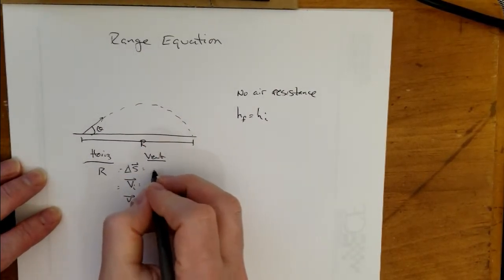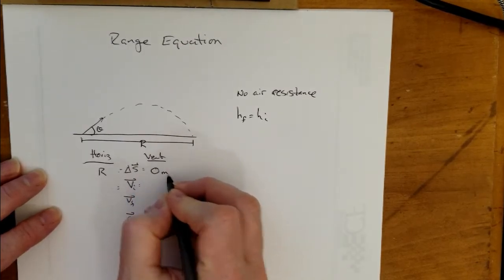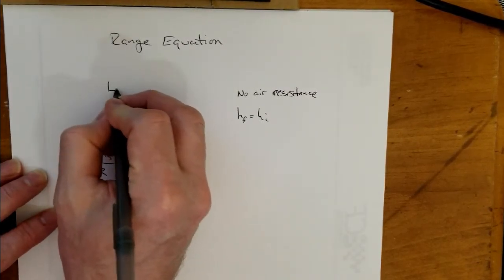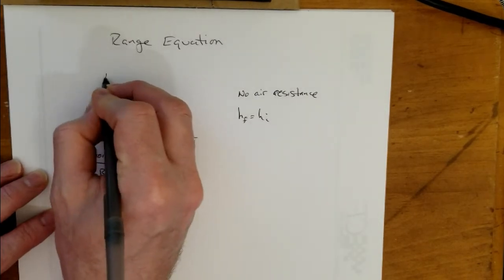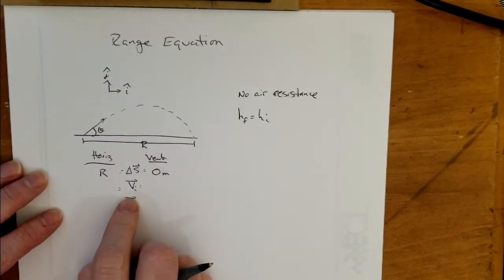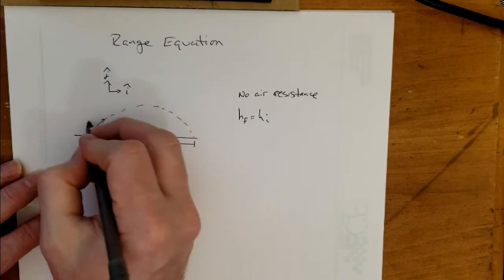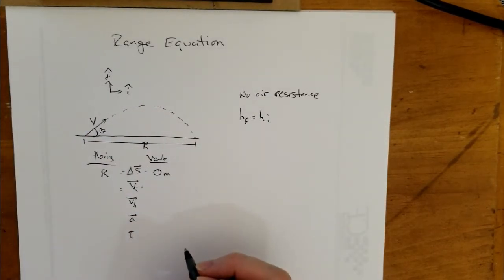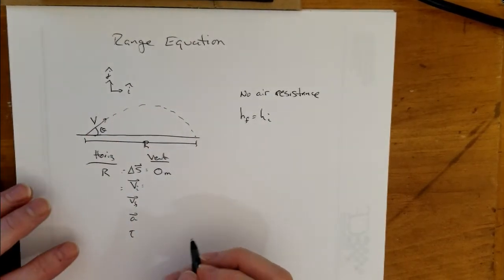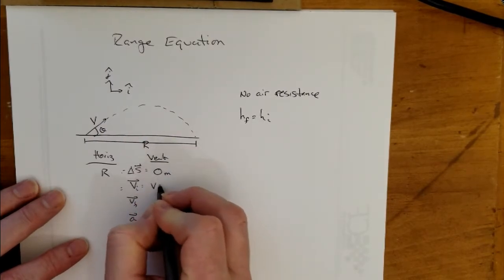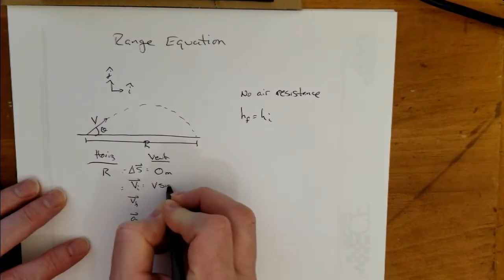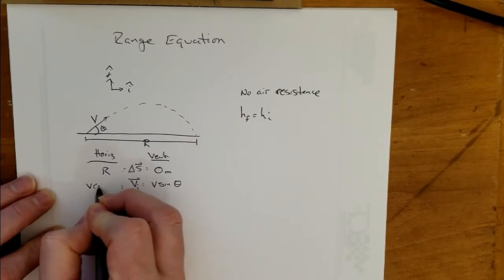Vertically, 0 meters. And we'll set up a coordinate system here. So i hat to the right, j hat up. Initial velocity, well, it's set at some speed v at some angle theta. In other words, a velocity at v theta. So this will be v sine theta, and this is v cosine theta.